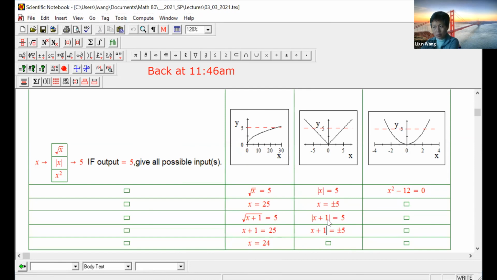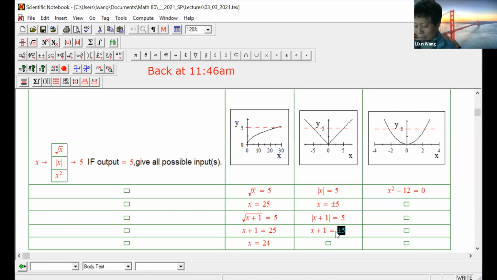With the absolute value sign dropped, it basically said if the absolute value of this bologna is 5, then this bologna could be 5 or negative 5.